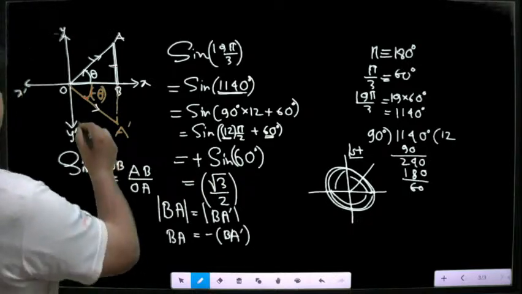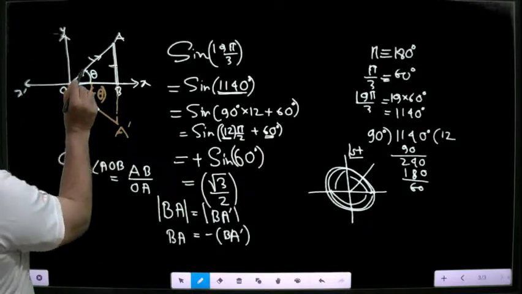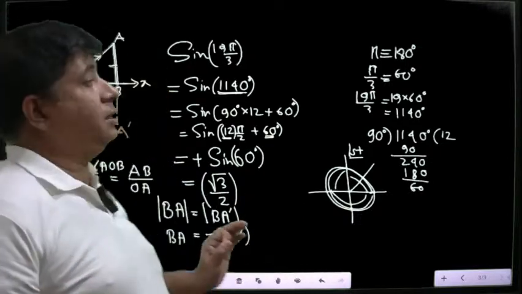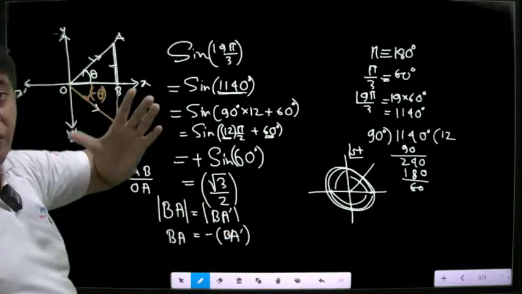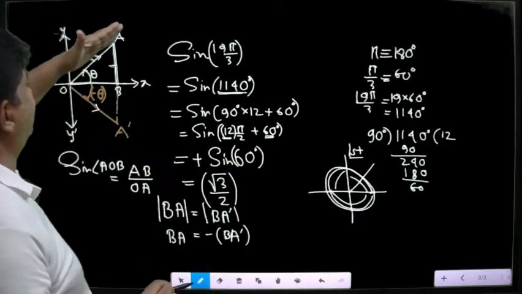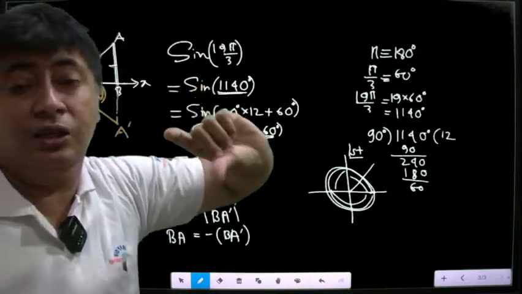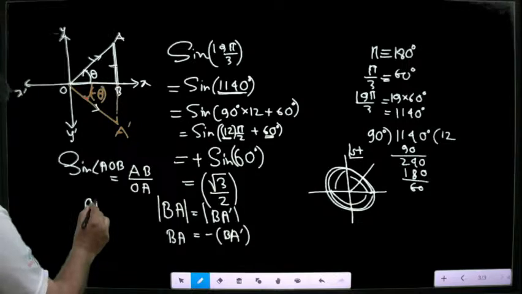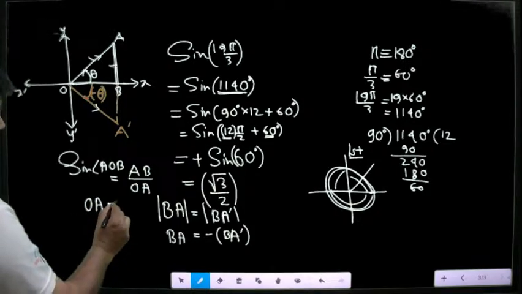Once you go through the diagonal, in Cartesian coordinates, this will be considered a scalar value. Only magnitude will be taken. So OA is equal to OA dash.